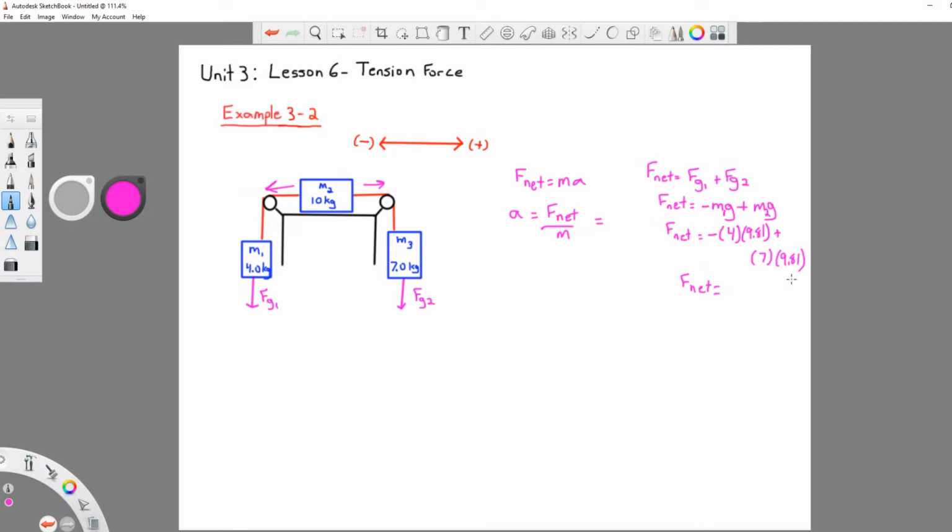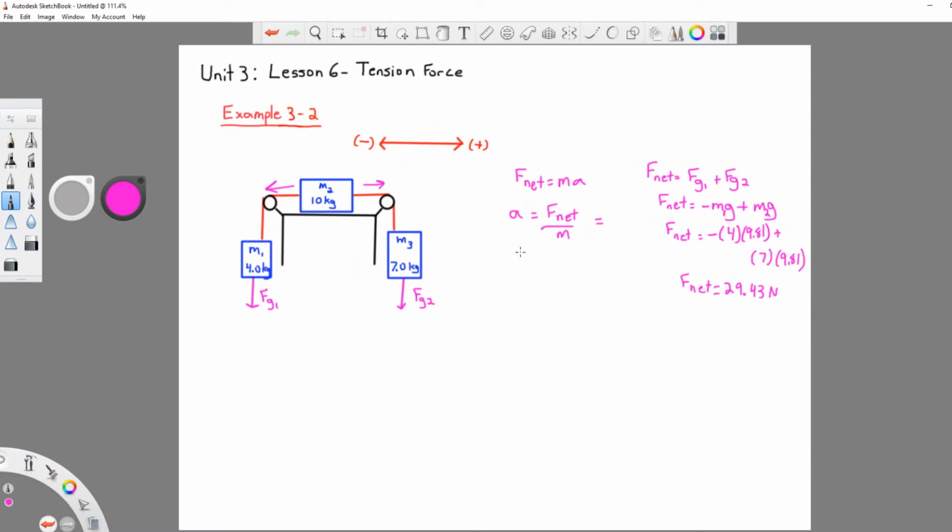So let's go 7 times 9.81 and subtract 4 times 9.81. Alright, so I get a net force of 29.43 newtons.